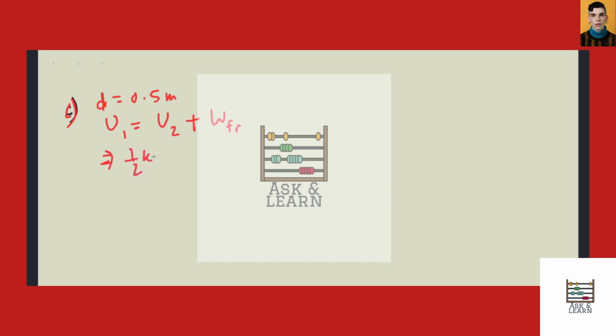So 1/2 k x1 squared is equal to mg d sine theta as before, plus the work done due to friction, which is force of friction times d. So this is mu sub k times normal force times d. And normal force is mg cosine theta, times d.